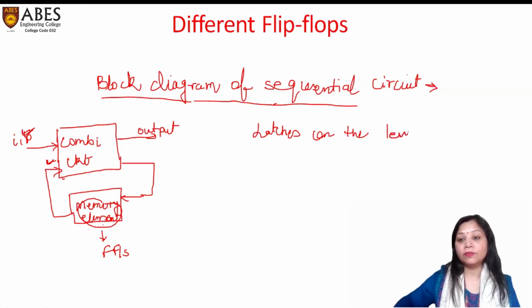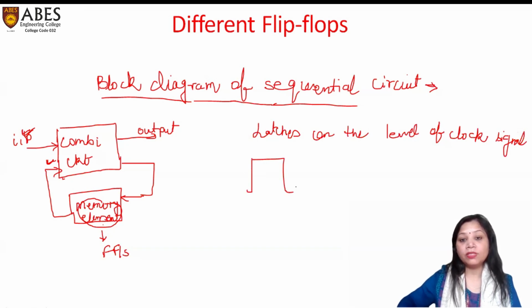level of clock signal. Let's see what we mean by clock signal. Suppose this is one clock, and in this clock this is called the level and these are called the edges.